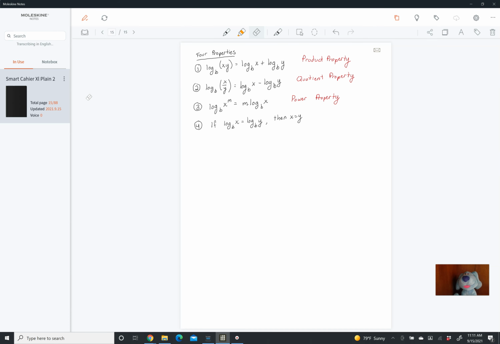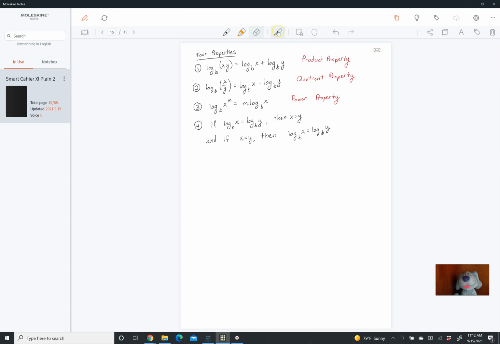And we can say it the other way around too. If we know that arguments are equal to each other, then we know that the logs of those arguments are also equal to each other. So it works in both directions.